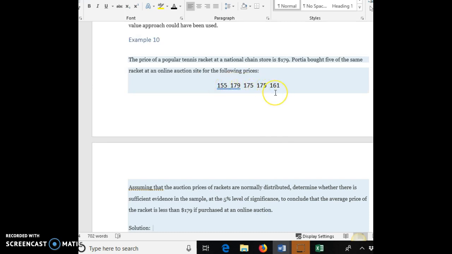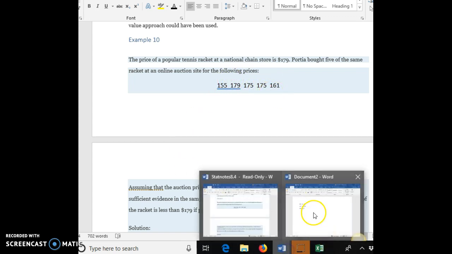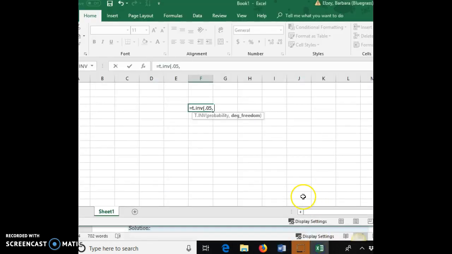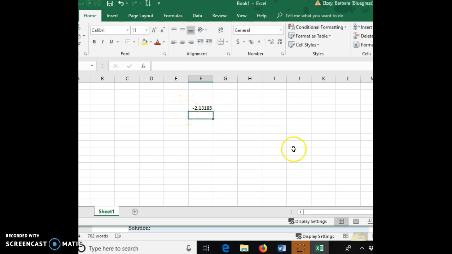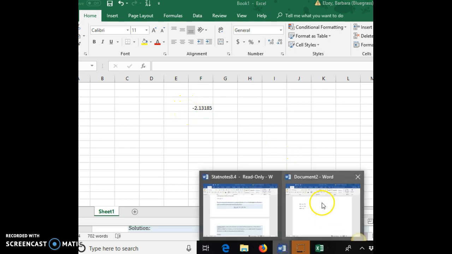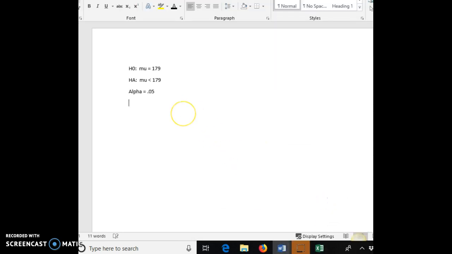Our degrees of freedom is always 1 less than that, so our degrees of freedom that we're going to put into Excel is going to be 4, and then we'll hit enter. So we're looking at negative 2.132. All right, so the t value, our critical value, is negative 2.132.